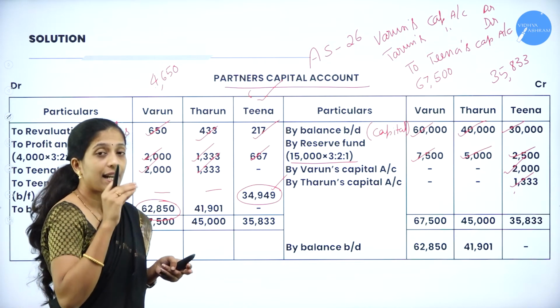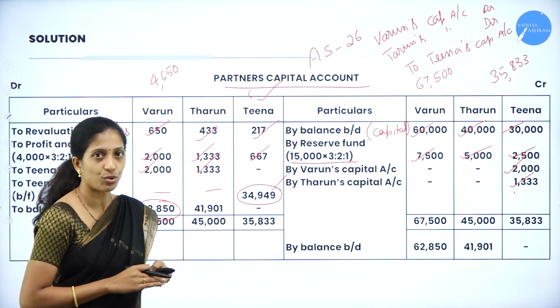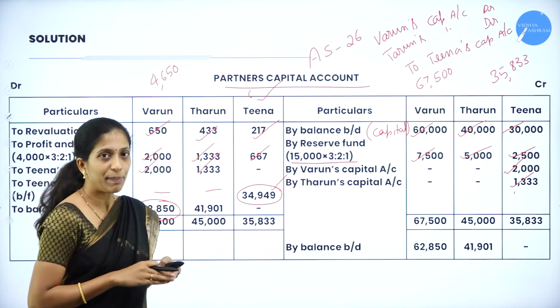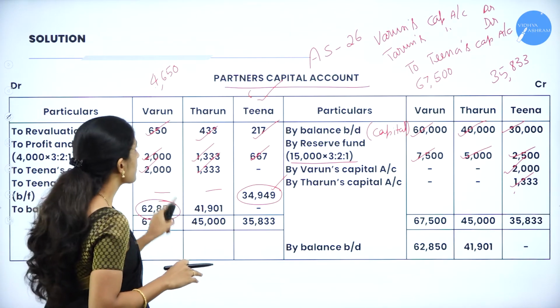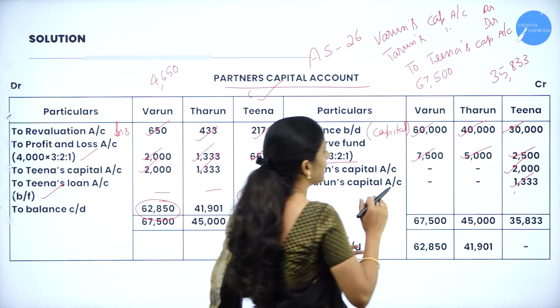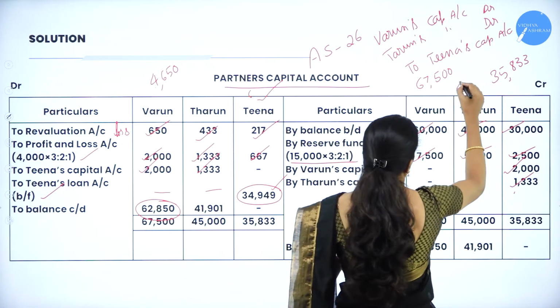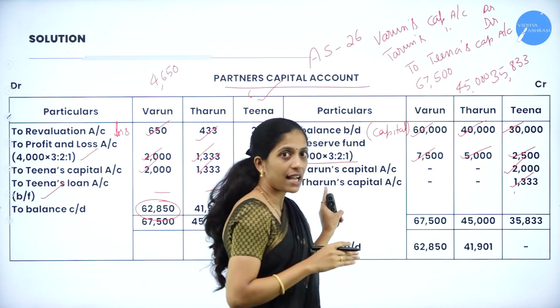Now what is it? It has to be carried down because these two partners are going to continue in the future. So it has to be recorded in the balance sheet. So this amount has to be carried down. In the same way, that of Tarun. Now if you add all the total on the credit side of Tarun, it is 45,000, whereas on the debit side it is less.